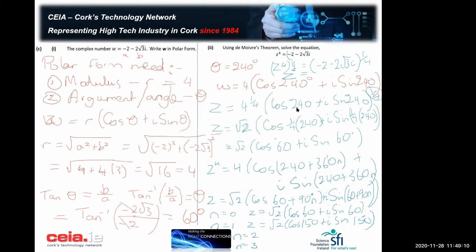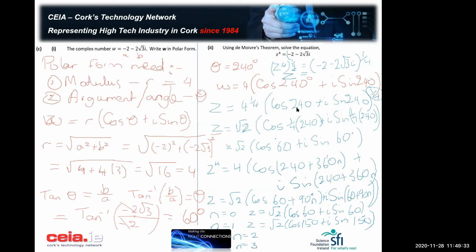But we've expressed the minus 2 root 3i in its polar form and in its general polar form, which brings in the plus 360n.